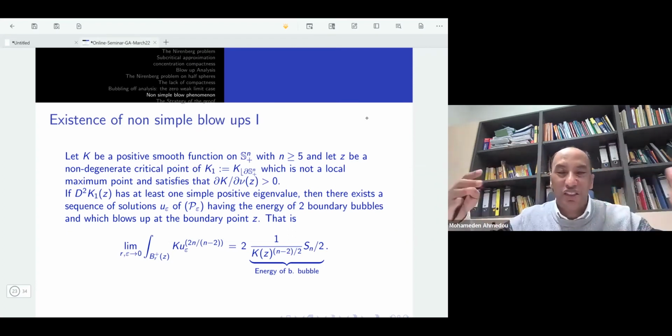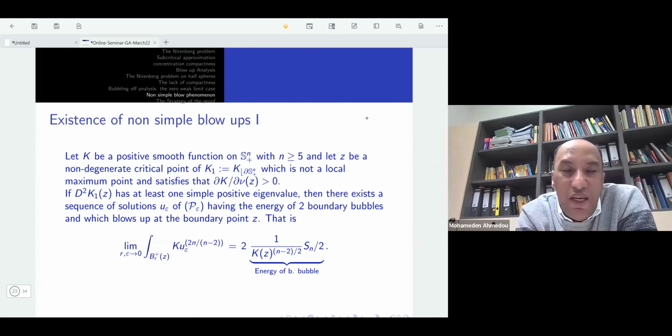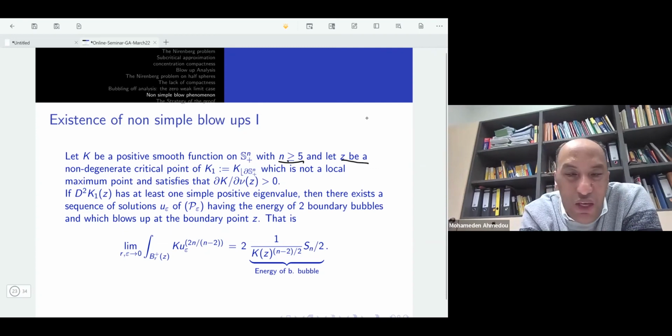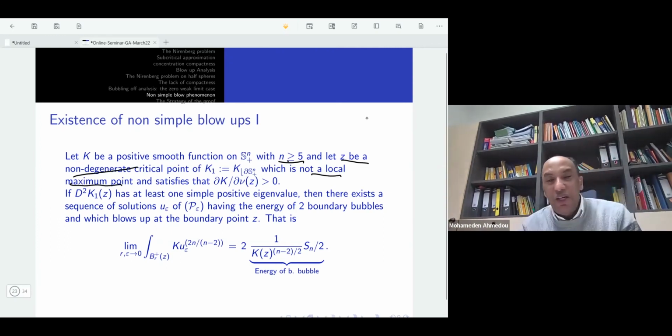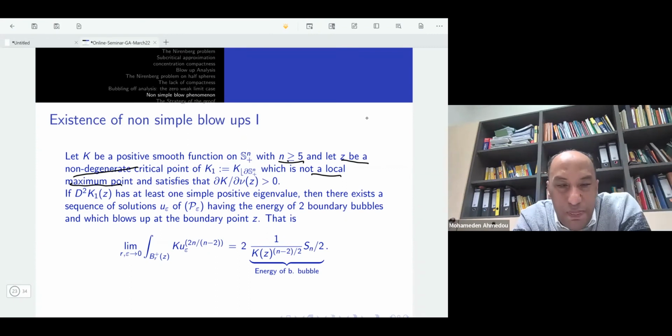They all occur. This alternative can always occur. So if you take a function K which is positive, and you take n bigger than or equal to 5, which is very important, you take a non-degenerate critical point of K1 which is not a local maximum, because we have seen that for local maxima the corresponding Hamilton function does not have any critical point. So there you cannot construct any non-simple blow-up.